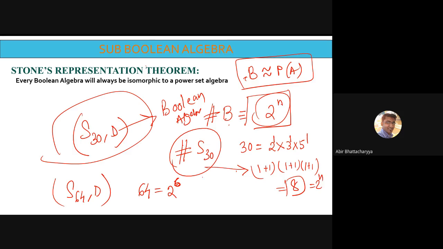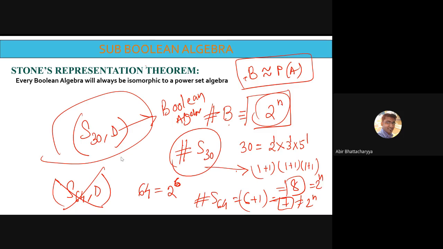That means the number of elements in S64 is 6 plus 1, that is 7. 7 cannot be represented as 2 power n. So S64 is not a Boolean algebra. This is the technique we can apply for any Sn, so for any Sn it's going to be easier to check.